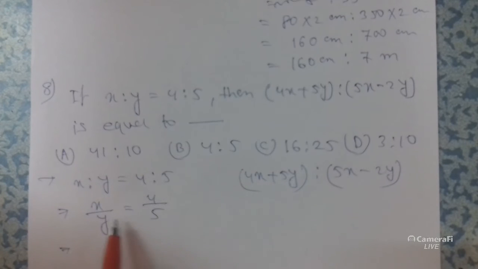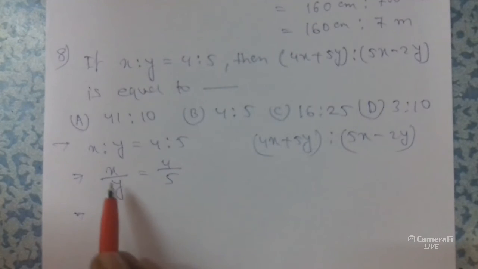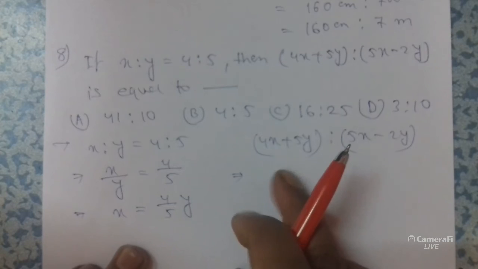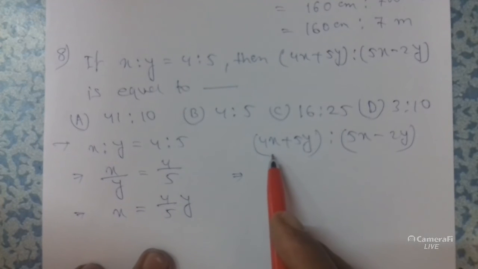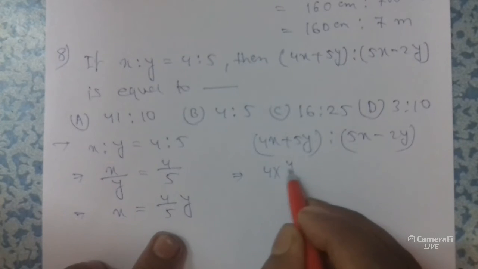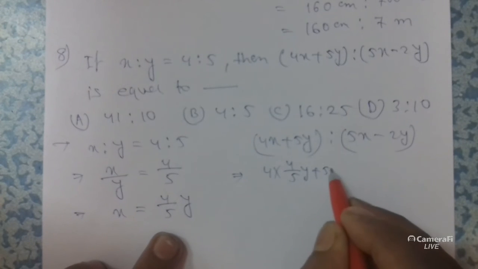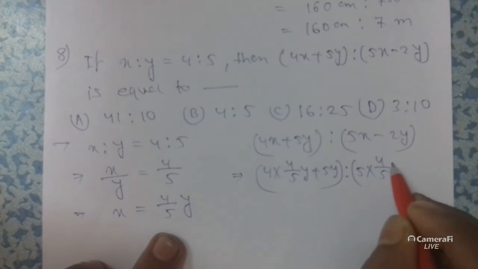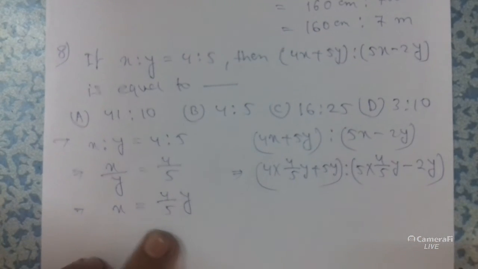If you multiply both sides by y, we get x equals 4 by 5 into y. Now we can put the value of x here: 4x is equal to 4 by 5 y plus 5y, and similarly 5 into 4 by 5 y minus 2y.